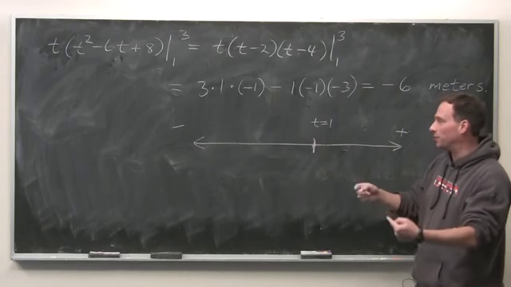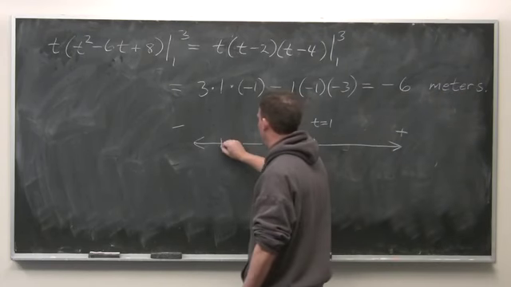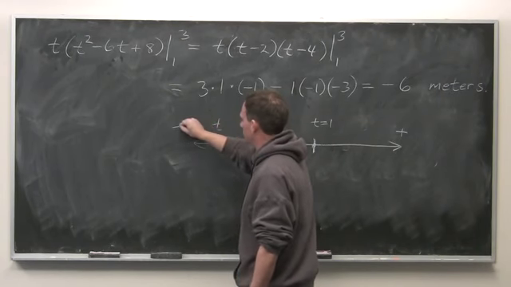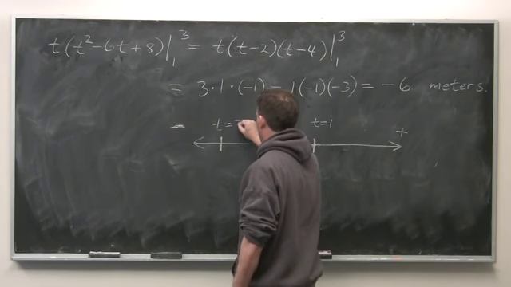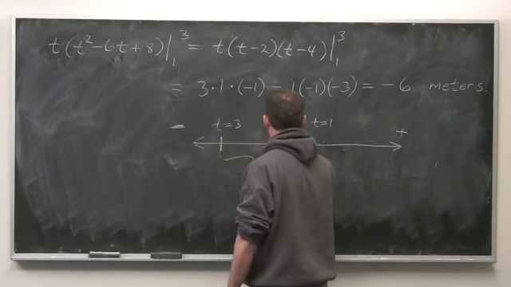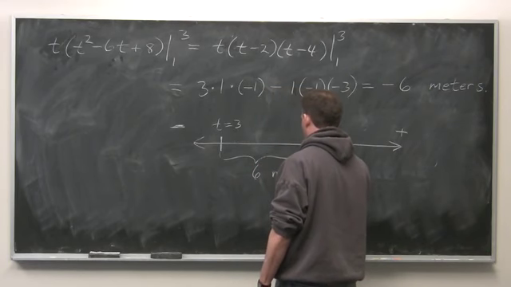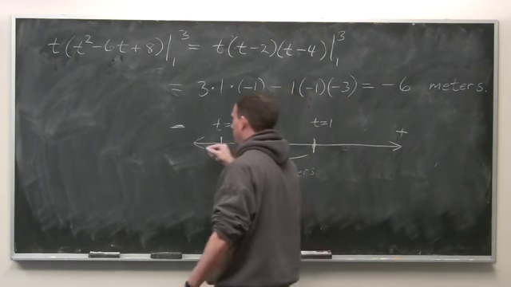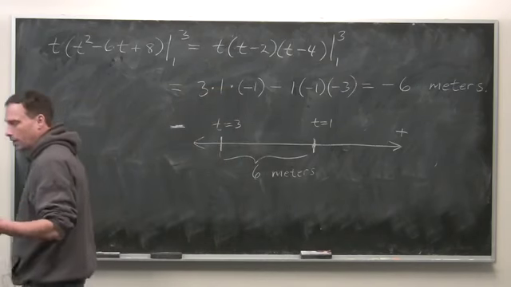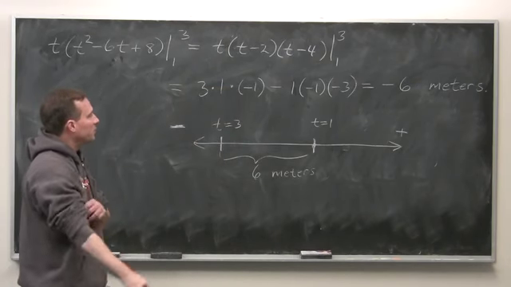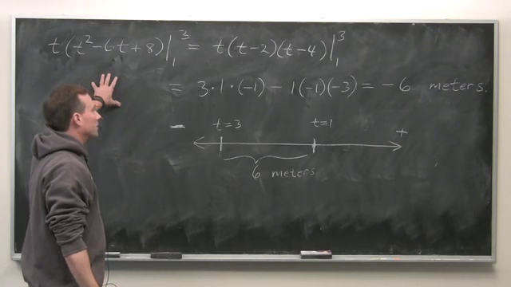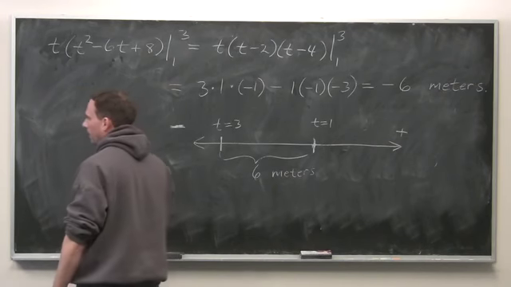That means 6 units, but in the negative direction. So you ended up over here somewhere, where this distance is 6 meters, but in the negative direction from where you started at time 1. So great, so that's the displacement.